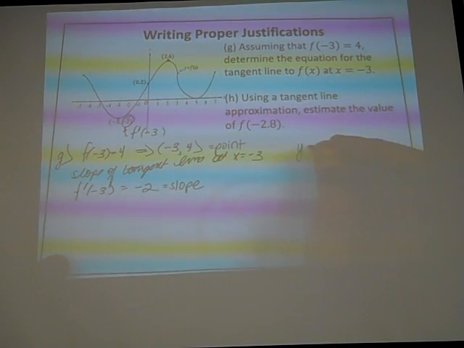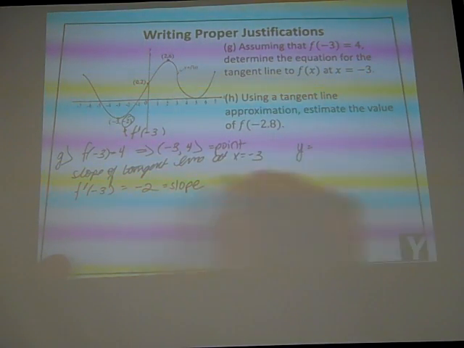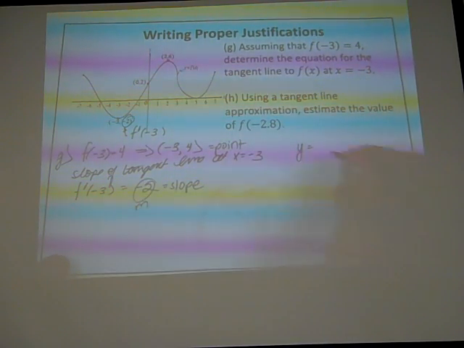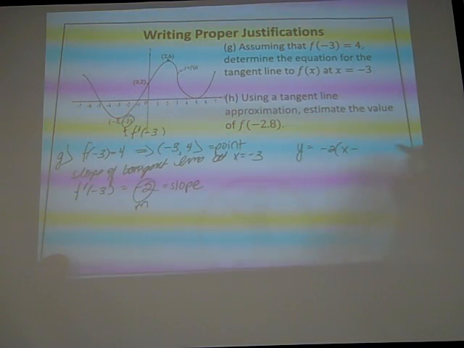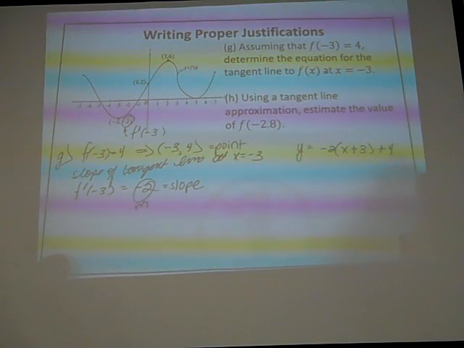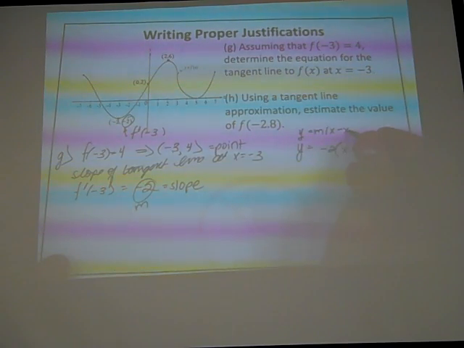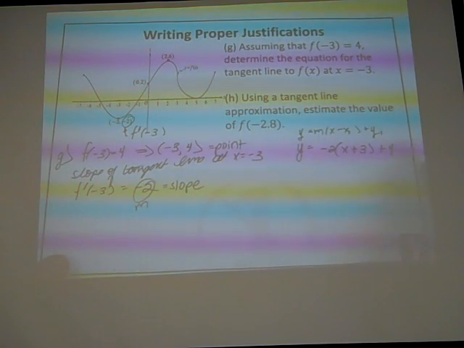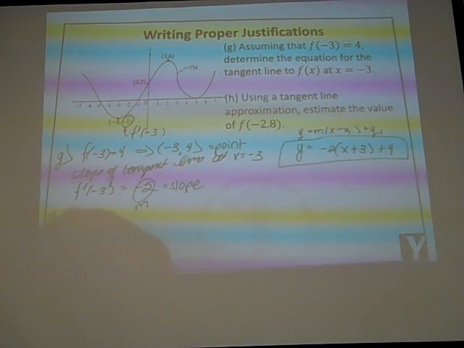I would use that to conclude that the equation of my tangent line is going to be y equals m, this is my m, negative 2, x minus my x point, so x plus 3, plus 4. What did I do? That was just your point slope form. Y equals m, x minus x1 plus y1. That's the equation of your tangent line.